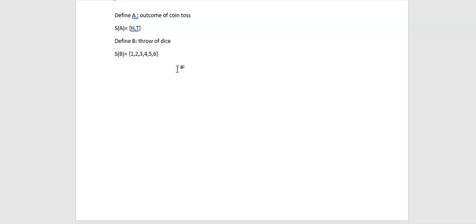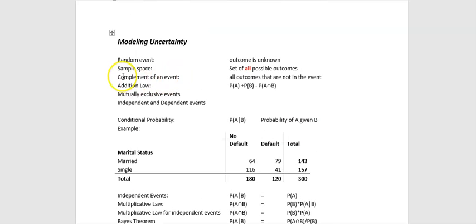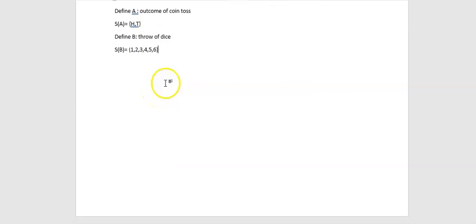Now, another common term that you're going to come across a lot in probability theory is called the complement of an event. Now, the complement of an event is all the outcomes that are not in the event. So let's take the same example of the throw of a die. So we defined event B as the outcome of the throw of a die.